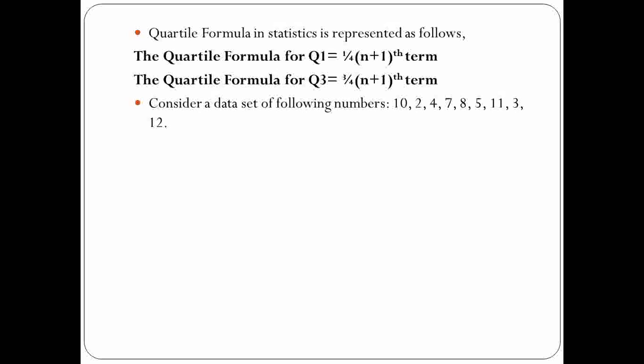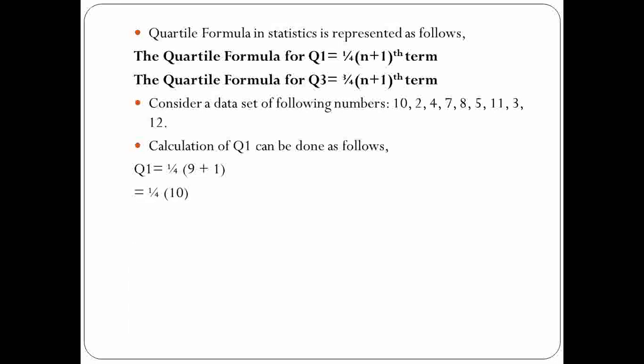Consider a data set of the following numbers: 10, 2, 4, 7, 8, 5, 11, 3, and 12. In order to calculate Q1, the lower quartile, we say 1 over 4 times n plus 1, where n is the number of numbers.